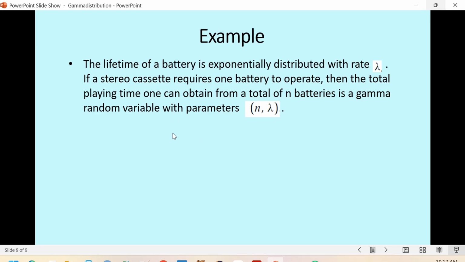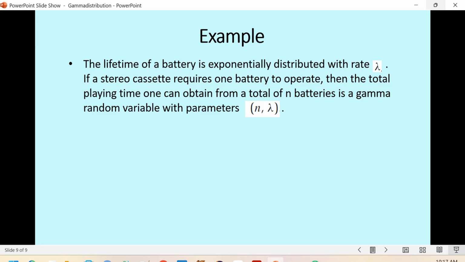Why? Because the cassette requires only one battery. When one battery's lifetime ends, we take another battery to use, and so on, until all n batteries are used up. So the total lifetime is the lifetime of these n batteries.